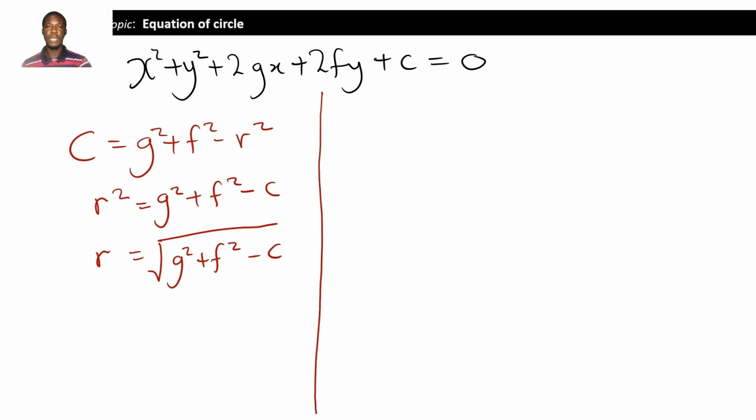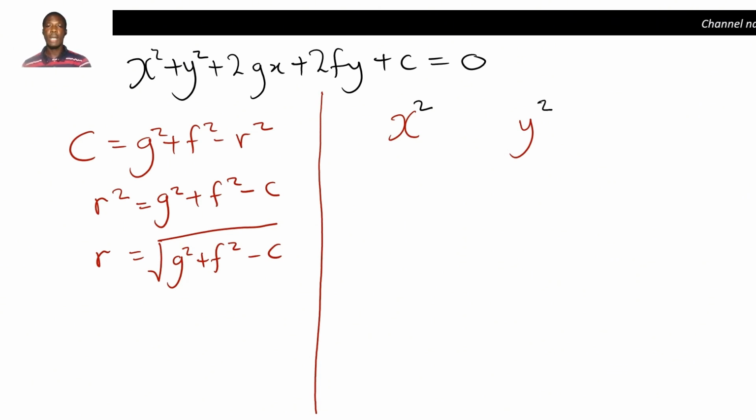So the highest will be x squared and then y squared. That is, we can have x to the power 2, and then we can have y to the power 2.